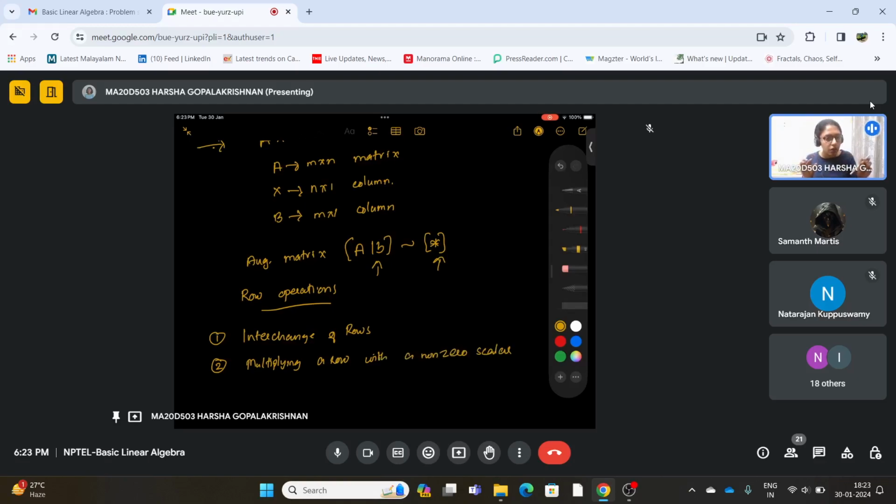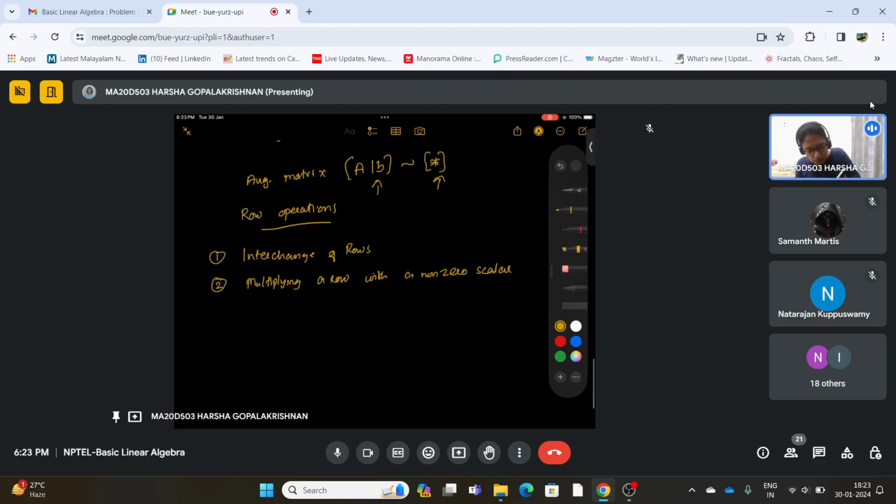If we have a row, we can multiply it by any non-zero constant value. The third one is addition of two rows. If we have two rows, we can add these two rows also. Still these two matrices will be equivalent. So combining 2 and 3, we can multiply a row and add that row to some other row. That also is possible. These are the row operations we usually do.